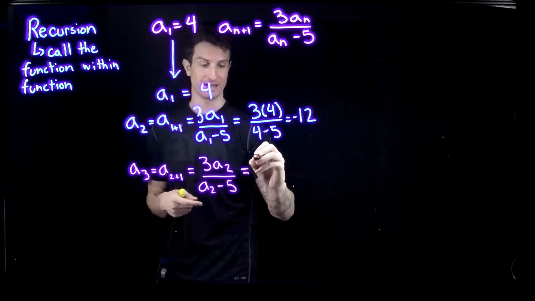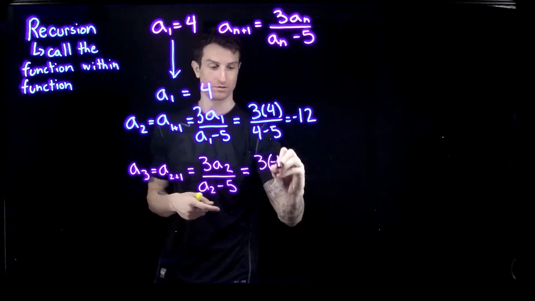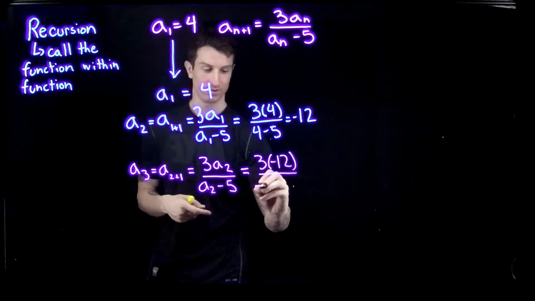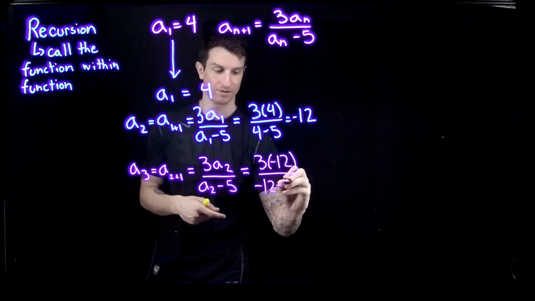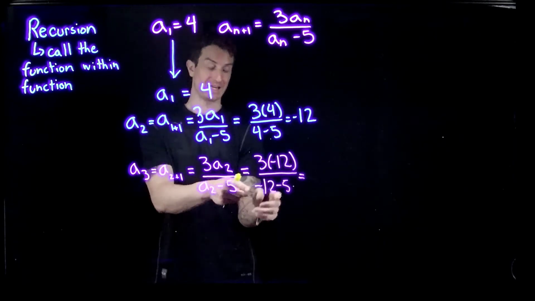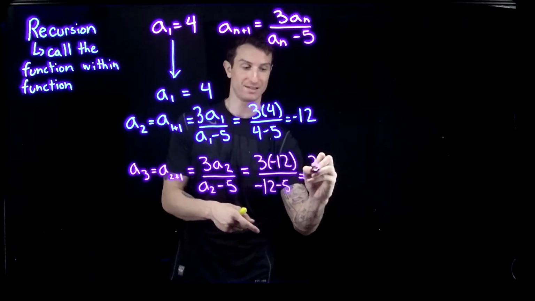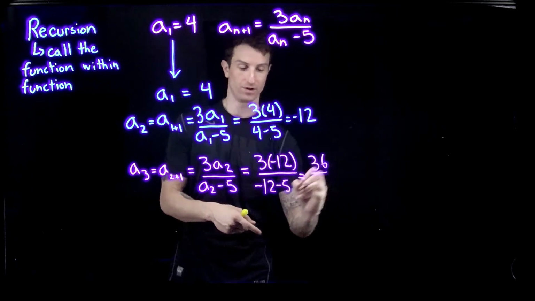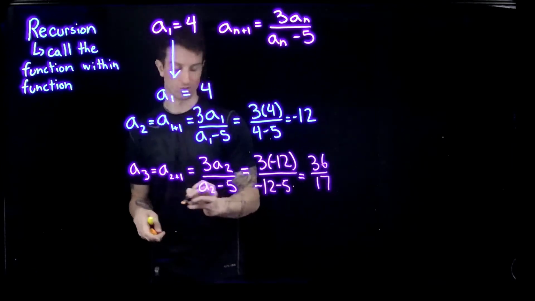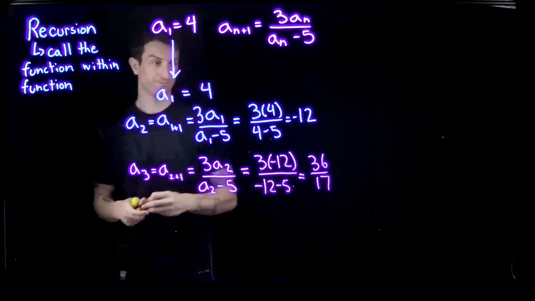Well, a sub 2 is negative 12. A sub 2 is negative 12 minus 5. We end up with the ugly negative 36, but it's also going to be negative on the bottom. So 36 over, this is going to be 17, right? The 2 negatives and then one numerator, one denominator will cancel each other out.